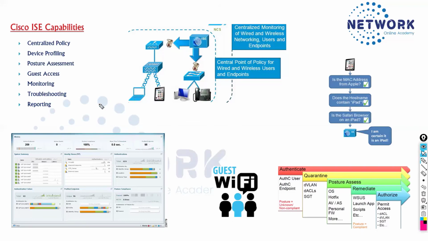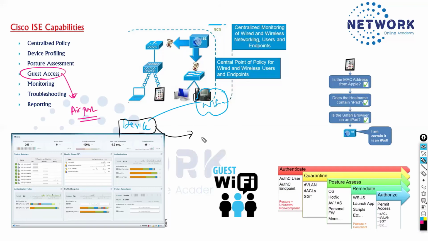Now, the other features like guest access. Now, the guest access is the same example as I said, an airport example. Whenever you connect your device to a Wi-Fi network, now this particular device is going to redirect to a web page.